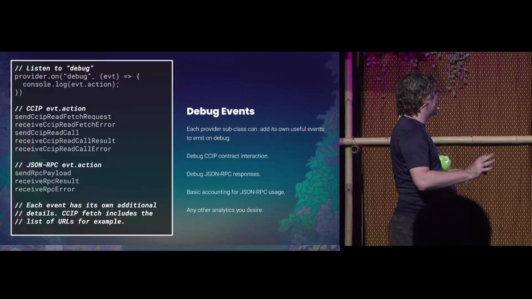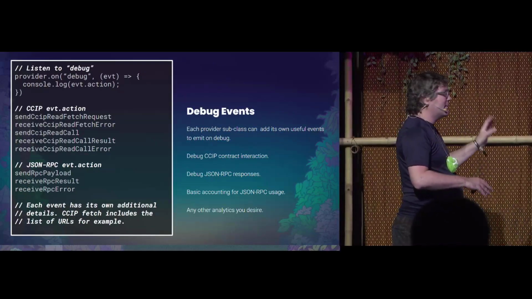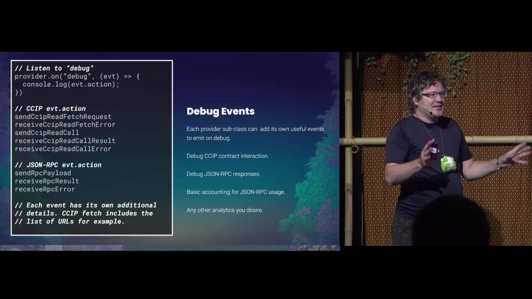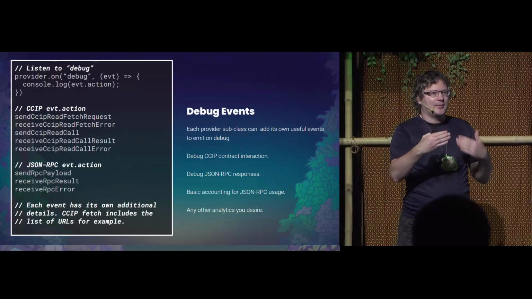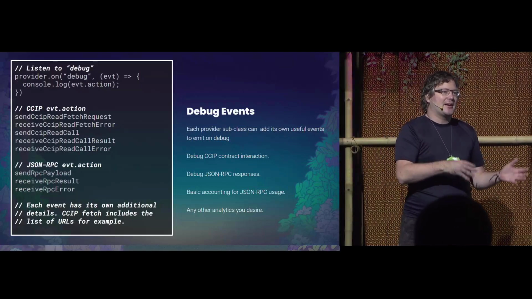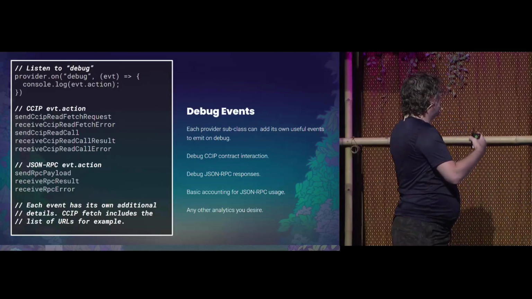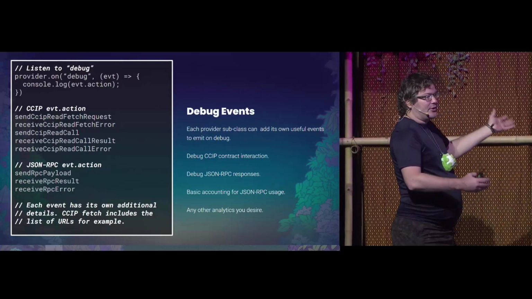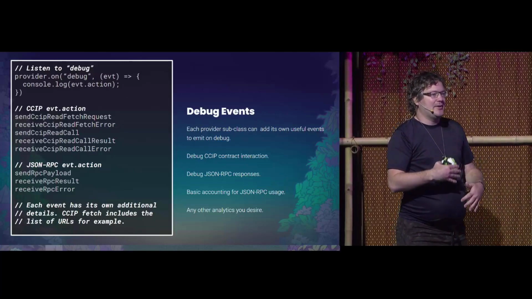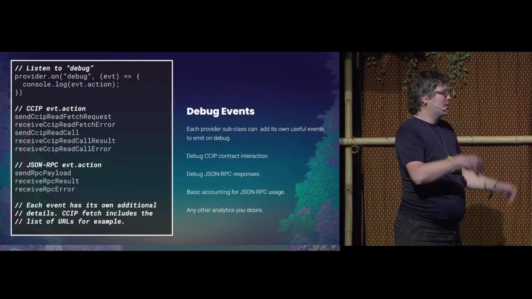You definitely want a filter, but if you're doing CCIP read, it's a great way to debug what is going on with CCIP read, because it's a very complicated back and forth all over the place. So it's nice to see, oh, the URLs are coming back as not an array, or the URLs are including something they're not supposed to, or if there's a failure, it tells you where in the CCIP stack things went awry, so you can fix your contract and continue on.